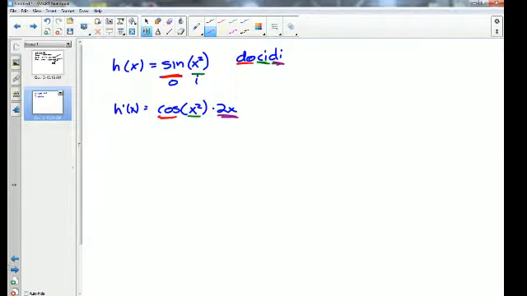One function is sine x, and the other is x squared. You have to compose those two functions. So this function represents these two composed together. Sine with x squared in it.